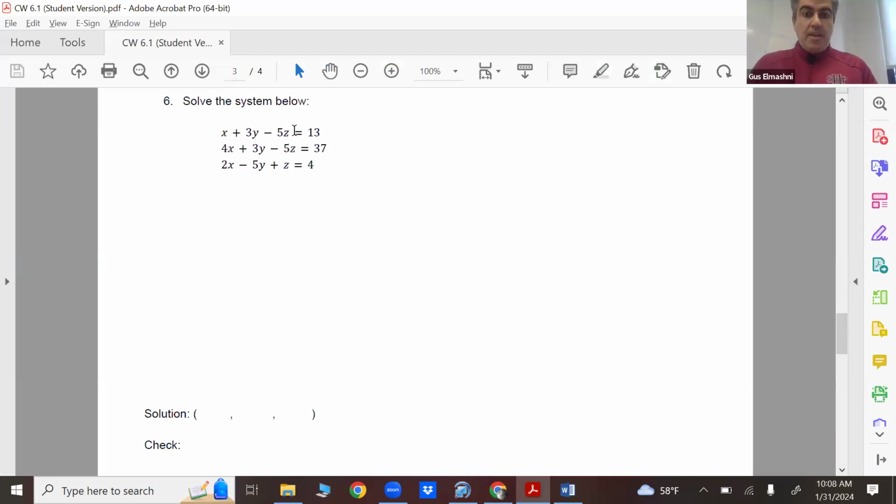Okay. Take a deep breath. This is going to be kind of crazy. Bear with me, guys. What I would do is get z by itself here, or actually you can get x by itself. It's up to you. You can get x by itself in the first equation, or z by itself in the third equation.